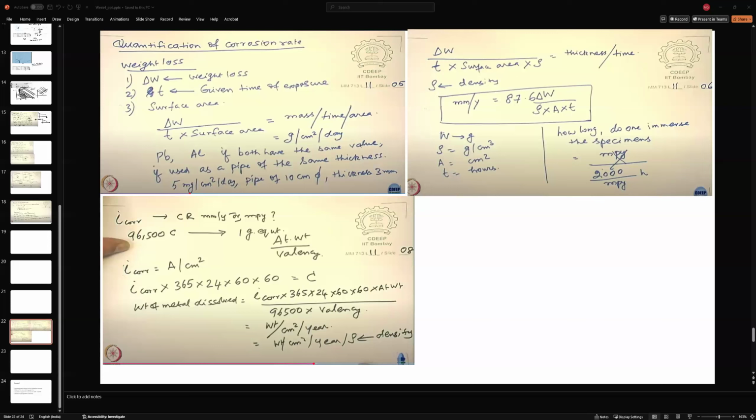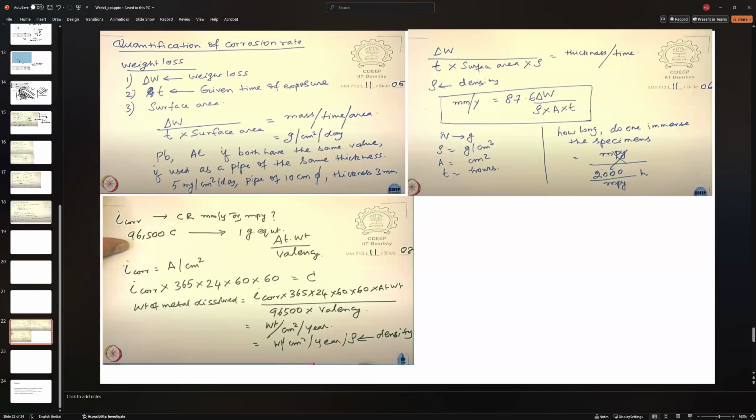From that you can get I-core if you know the cathodic and anodic Tafel slopes. And if you know I-core, then you can use these formulas again to get the corrosion rate in terms of GMD. I think that's it.